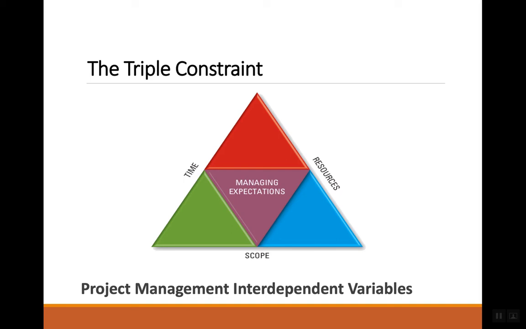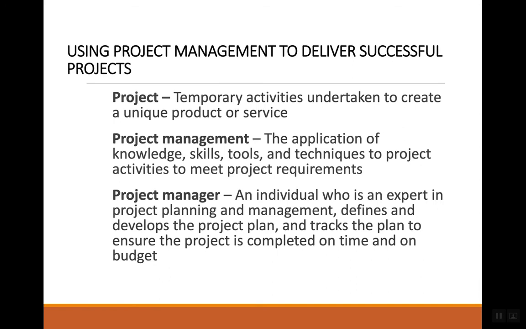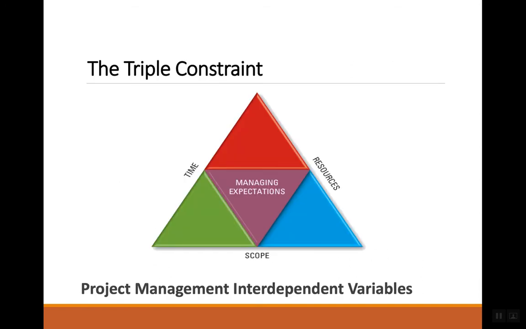What the triple constraint means is that one of the challenges is you can only focus on two of these constraints, to the detriment of the third.